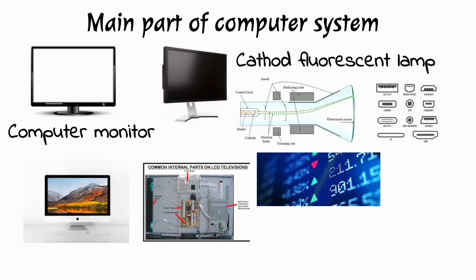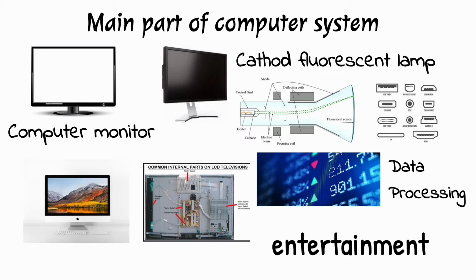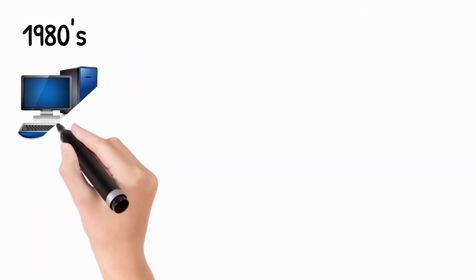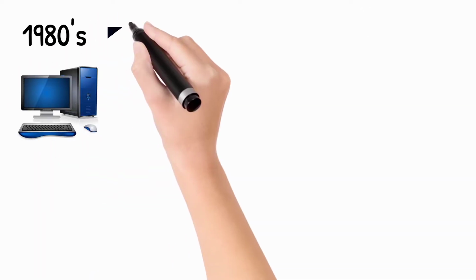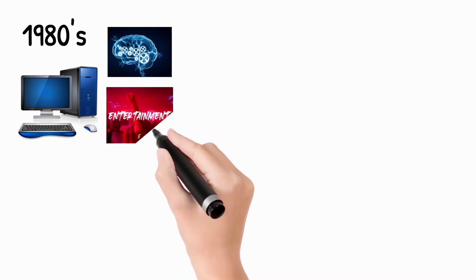Originally, computer monitors were used for data processing, while television sets were used for entertainment. From the 1980s onwards, computers and their monitors have been used for both data processing and entertainment, while televisions have implemented some computer functionality.